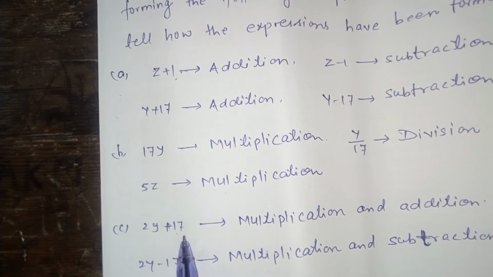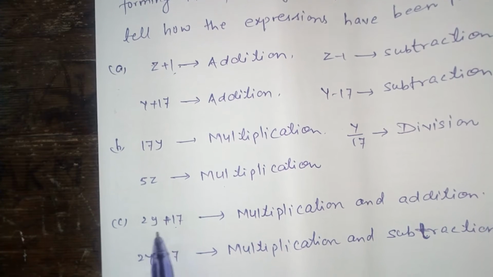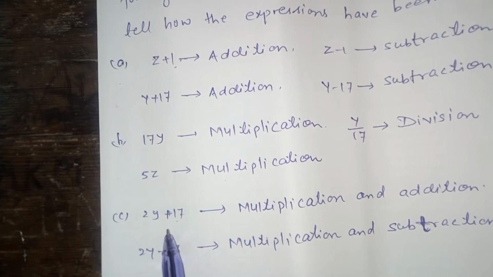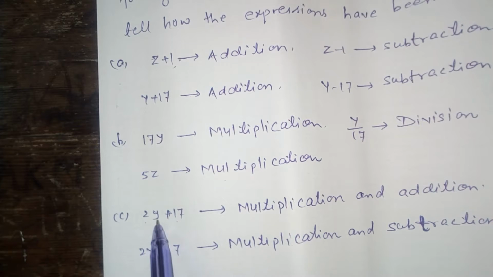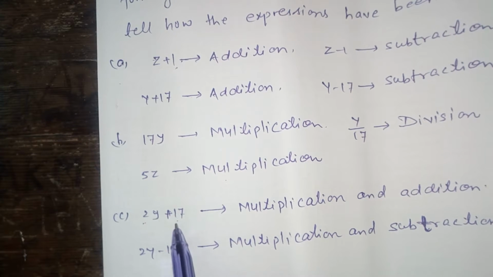2y plus 17. In this algebraic expression there are two types of operation. In 2y, which means 2 multiplied by y, then we add 17.